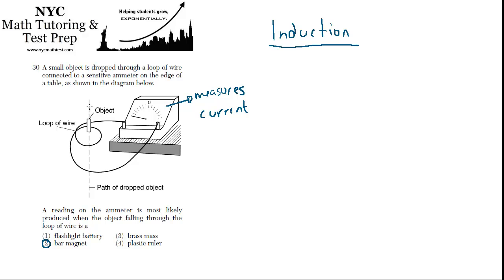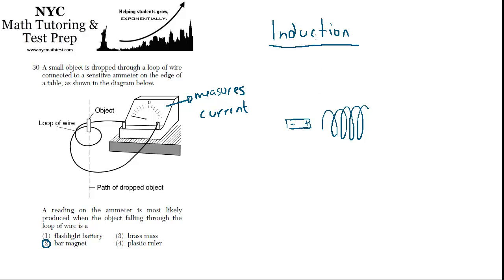So when a magnet goes down through this loop of wires, or just in general if you have a coil of wires and you take a magnet and push it through, that magnetic field around it is interacting with the loops of the coil, and it's the interaction of that magnetic field from the magnet that generates an electric induction in these wires and causes current to flow through them.